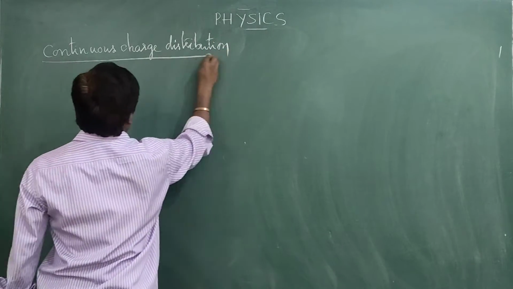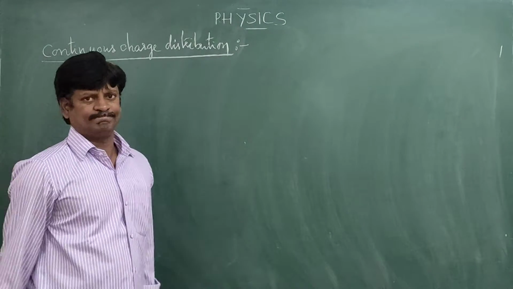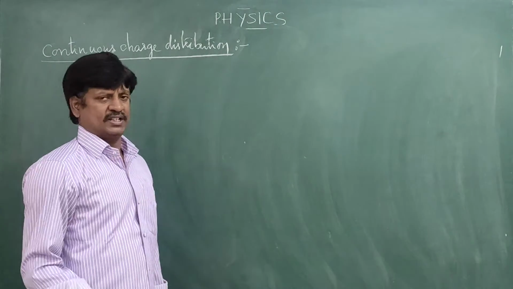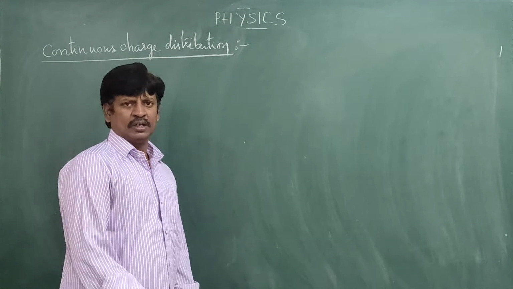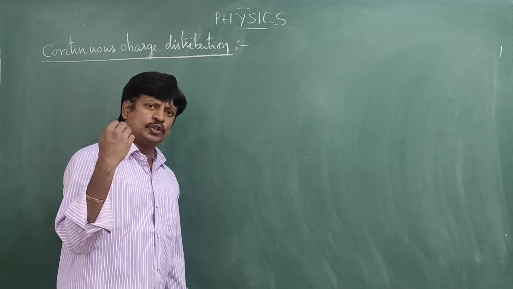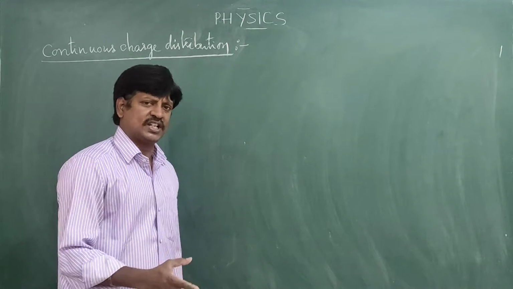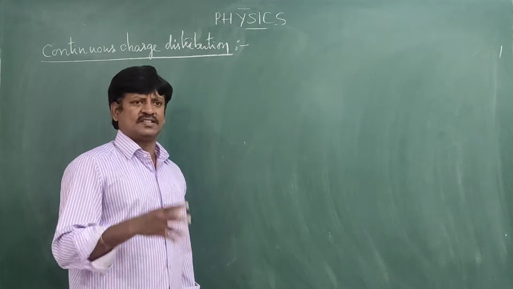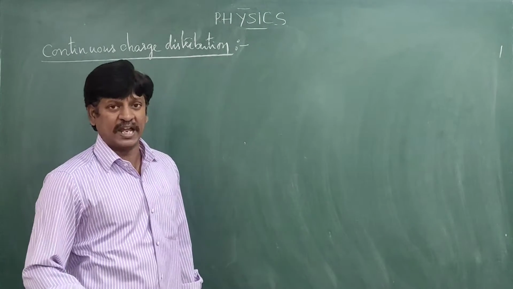Continuous charge distribution. We have seen a single charge, two charges, three charges, 4, 5, 6, and an infinite number of charges. We have found the electric field due to a single charge, two charges, three charges, up to infinity, and the electric field due to a dipole.